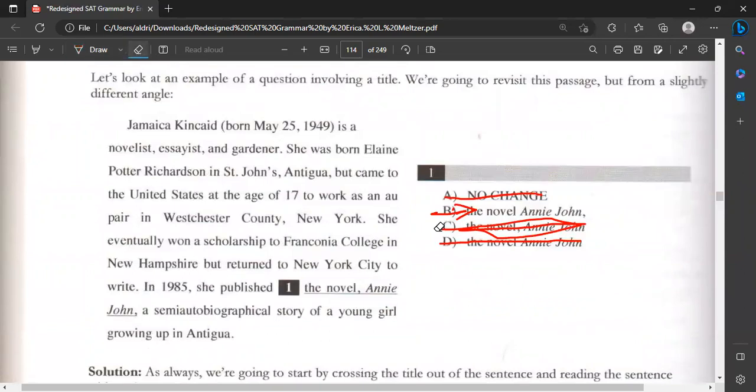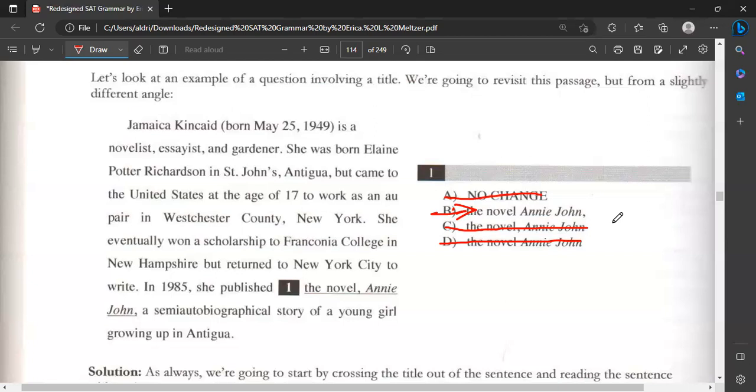Another thing that would make C wrong is that it doesn't put a comma between John and semi-autobiographical, which kind of changes the subject. Exactly, because the novel is a semi-autobiographical story.